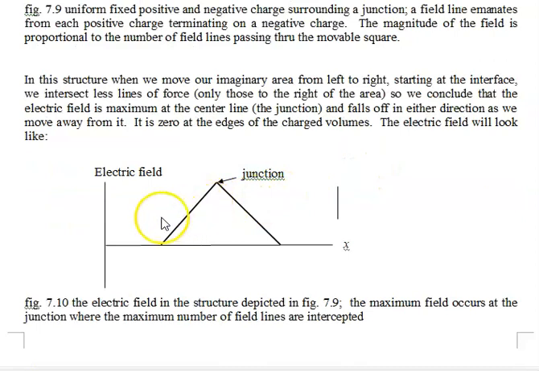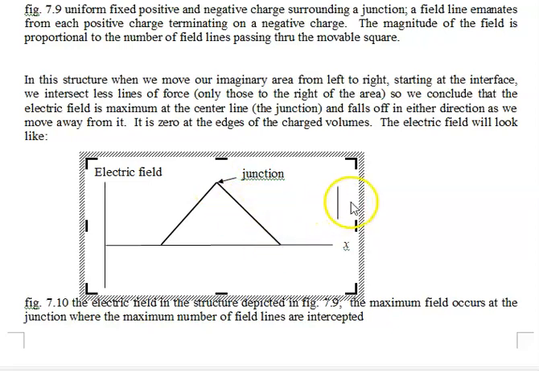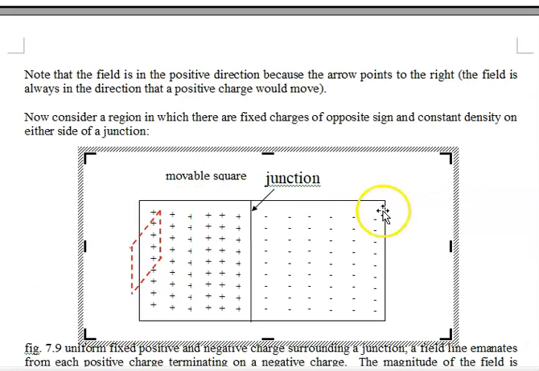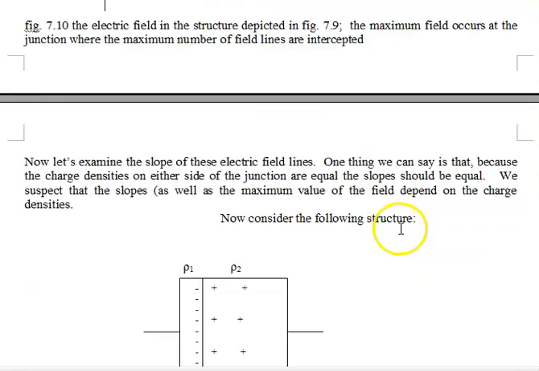And we see that right here. The electric field starts at the left side, increases linearly, and then when we get to the junction, it maxes out, and then it decreases and goes to 0 at the right side of the dielectric.